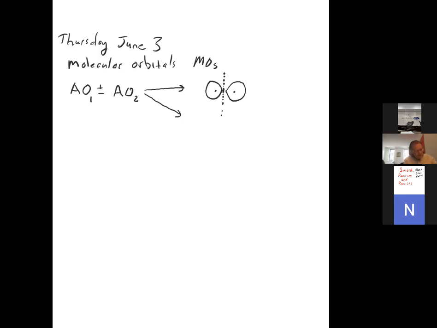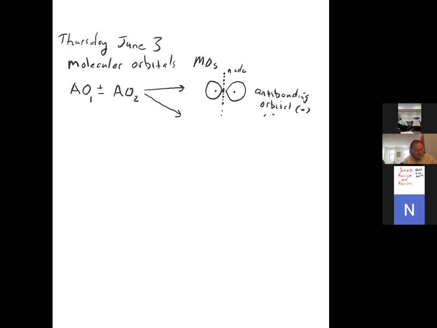We call that a node in between the nuclei. So those two atoms are really not bonded to each other with this new orbital, and any electrons in that orbital are not bonding. We call these antibonding. So this is an antibonding orbital, and that corresponds to the minus. You're subtracting them.